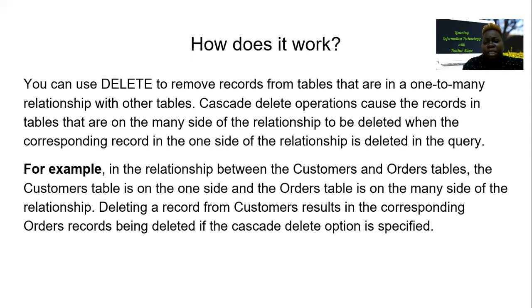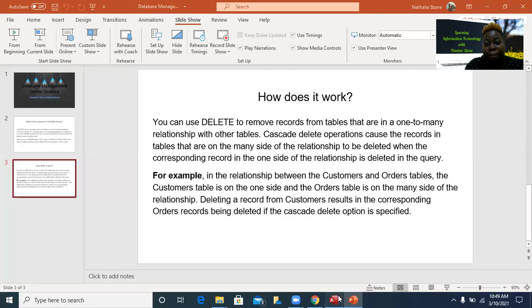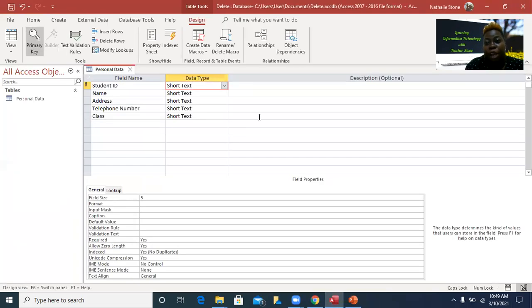I don't just want to tell you about this. I actually want to show you what this looks like. So let's go to a database that I have created. This table here shows personal data for students. I've put in the student ID, name, address, telephone number, and class field names.